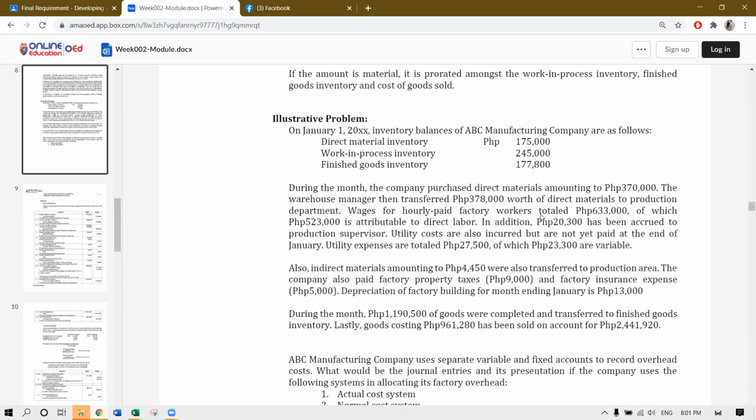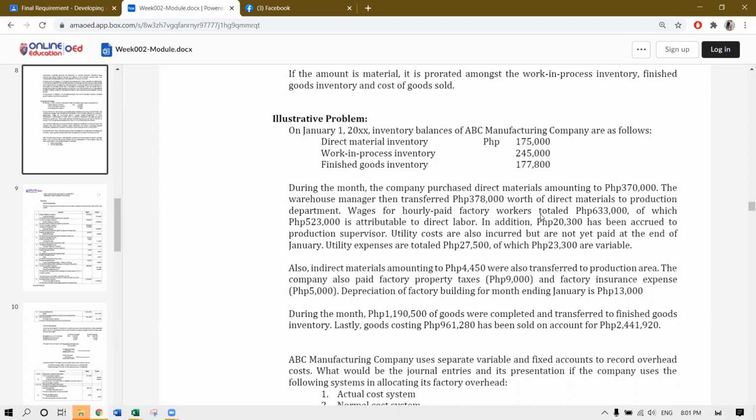Utility costs are also incurred but are not yet paid at the end of January. Utility expenses totaled 27,500, of which 23,300 are variable. Of course, the excess will be part of the fixed overhead costs.